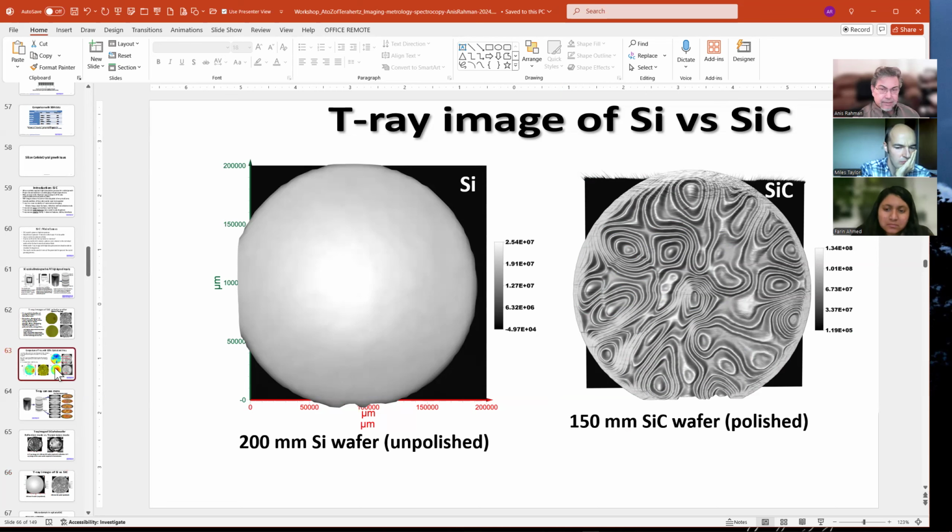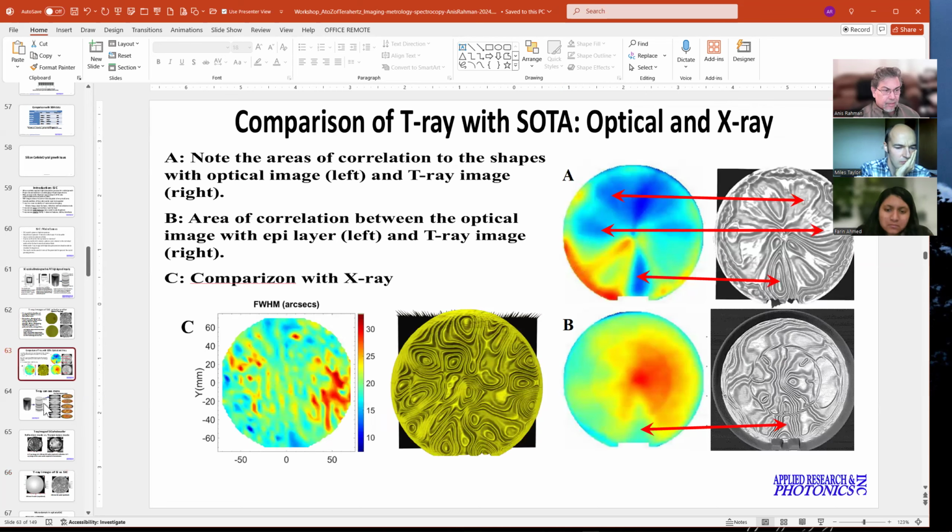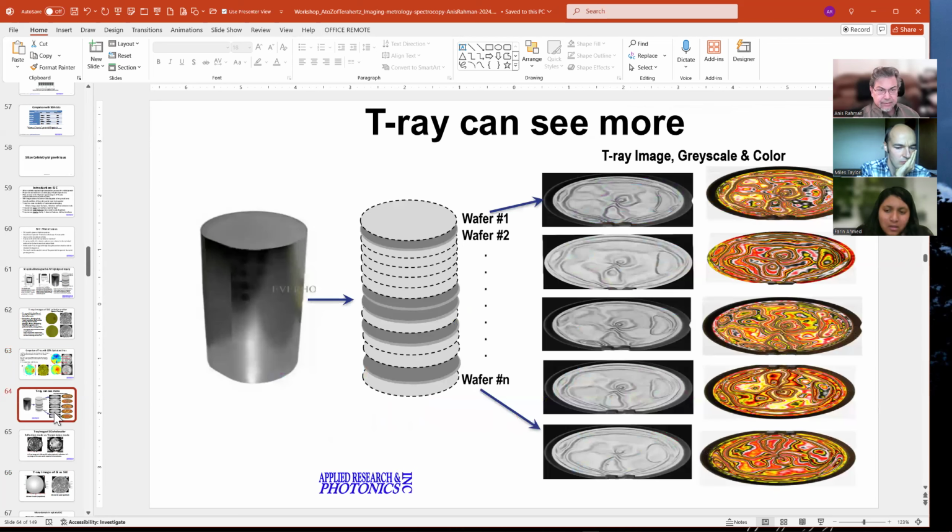But you see this image again, and then the question is, if this boule is sliced into a number of wafers, is it only one wafer from the same batch that sees that pattern, or all of them? And in fact, all of them see the same kind of pattern.